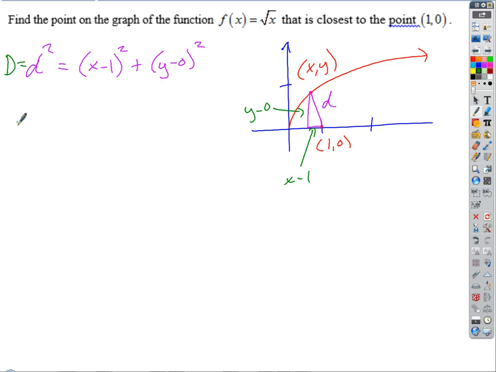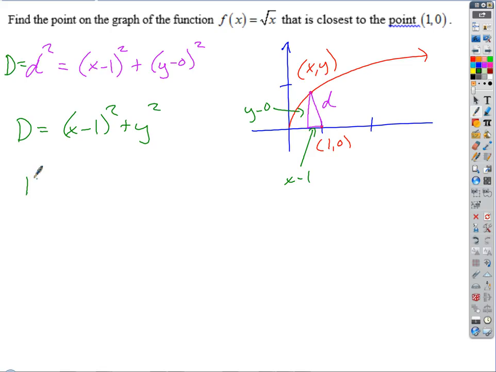Okay, so then what's the problem here? Capital D is equal to x minus 1 squared plus y squared. So we got two variables. Well, what's our equation of constraint? y equals root x. Yeah, the constraint is that this can't just be any point in the plane, it's got to be a point on that curve, right? So y equals the square root of x.